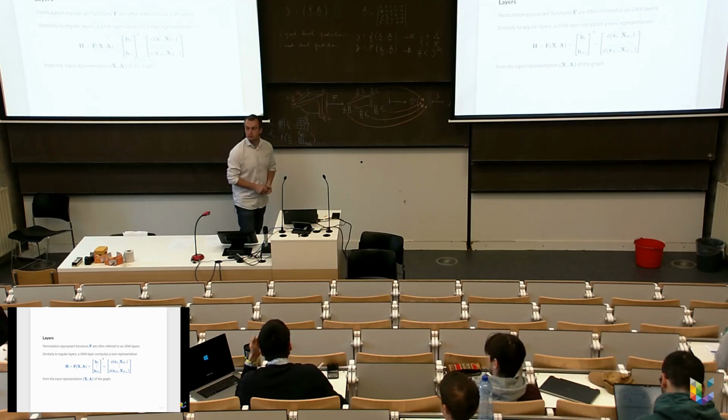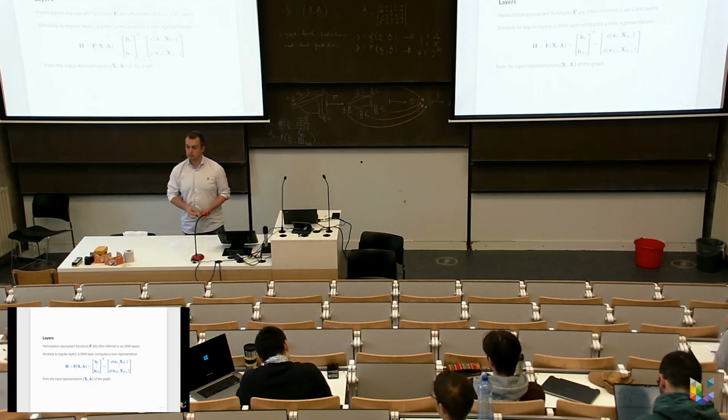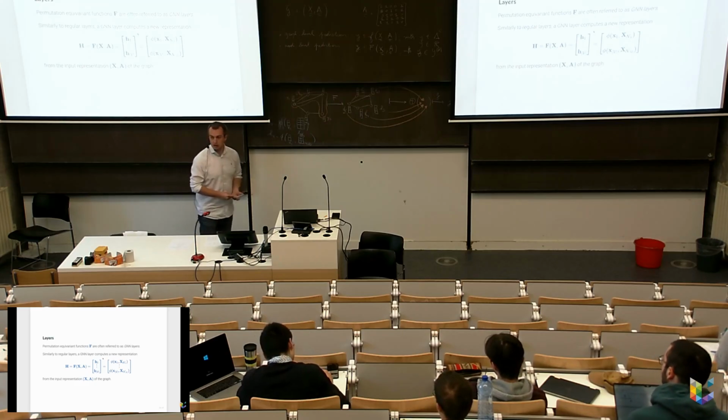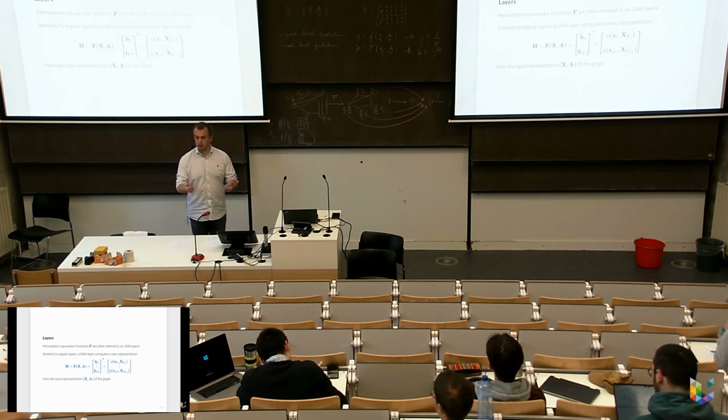Is the number of neighbors that we choose fixed, or does it vary? The number of neighbors is defined by the graph itself. It's defined by the adjacency matrix. That's an input. We only take the first neighborhood that we find.